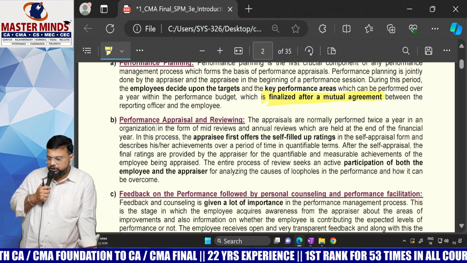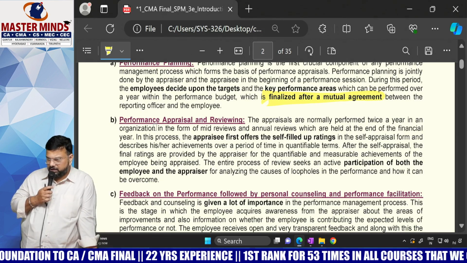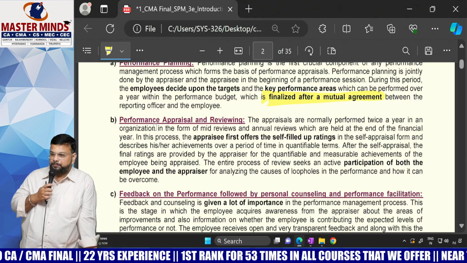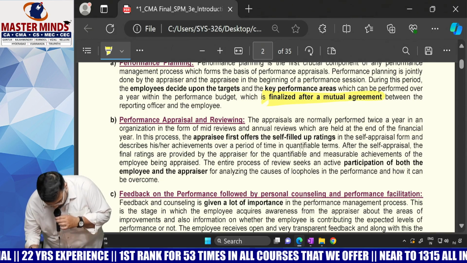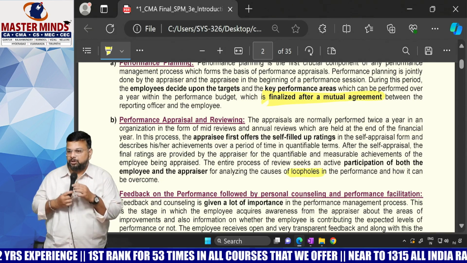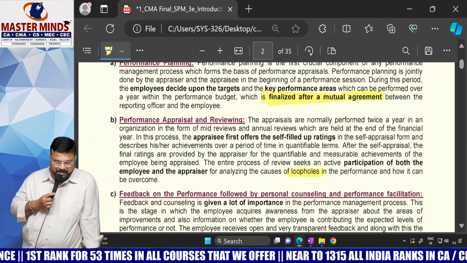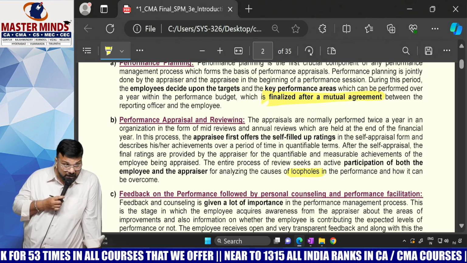Now, if you are able to achieve your targets as expected, management will be happy and you will be rewarded duly, Nana. But if you have not achieved the targets as expected, that means there is some problem in your performance. Those are called loopholes. Loopholes mean nothing but problems. Now, once they have identified the problems, they have to sit together and analyze how to avoid such problems in future.